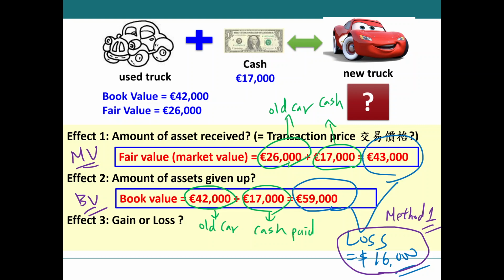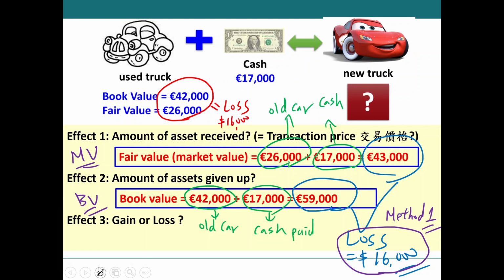The second way is quite simple. To find out this is your loss, compare your old truck's book value and fair value. So you compare these two numbers, book value and market value for your old truck. Also, you will find out this is your loss, $16,000.